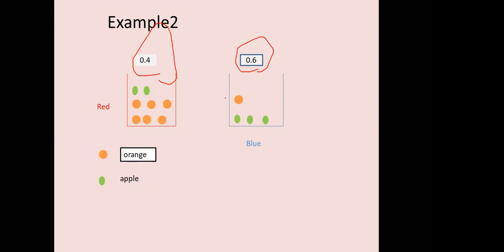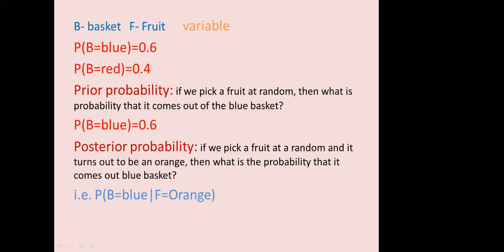Here the oranges and apples are the fruits, and the red and blue baskets are the variable of this example. We are given that the probability that the basket is blue is 0.6 and the probability that the basket is red is 0.4. These are the prior probabilities.